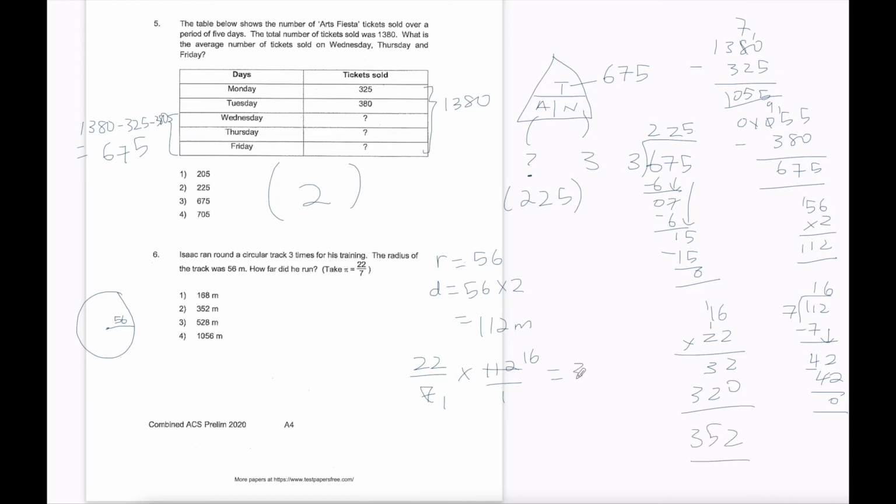So it's 352 meters for 1 round. We have to multiply it by 3 because he ran around the track 3 times. Okay, don't forget this part. So 352 times 3. I'm going to get 1056 meters. And it's option 4. Okay, let's move on.